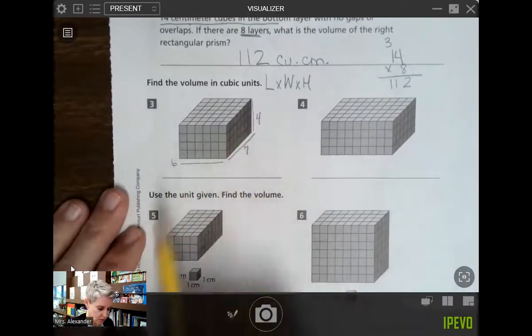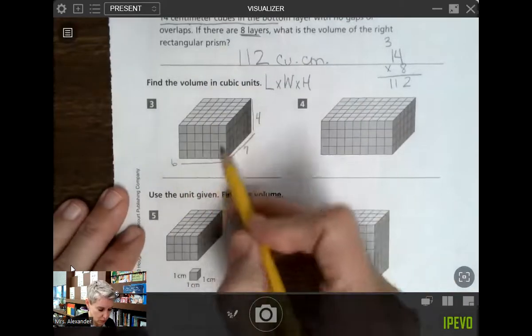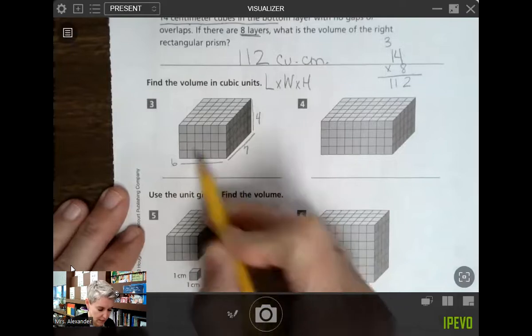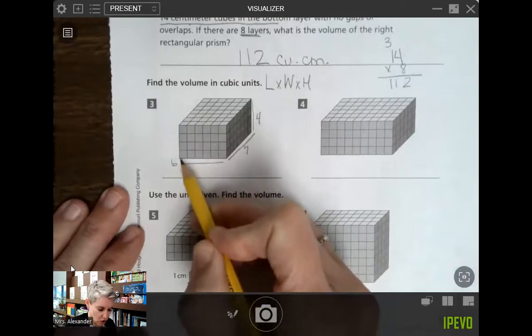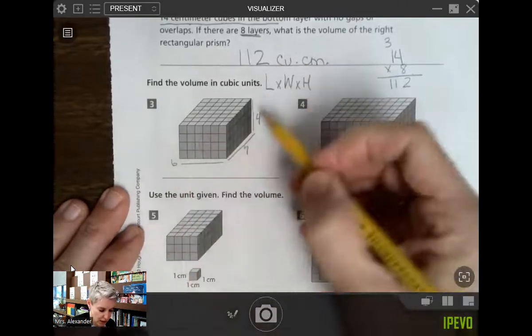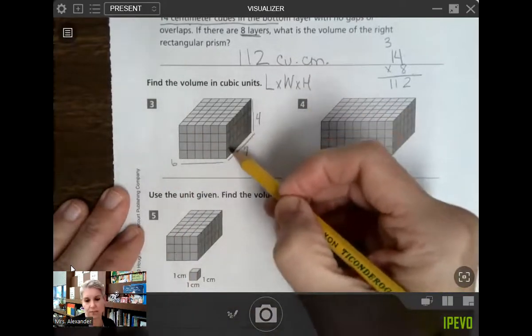So I can do several things. I can do just this front panel. If I have 6 in the length and 4 tall, I would have 24 in each section, and then I have 7 sections.